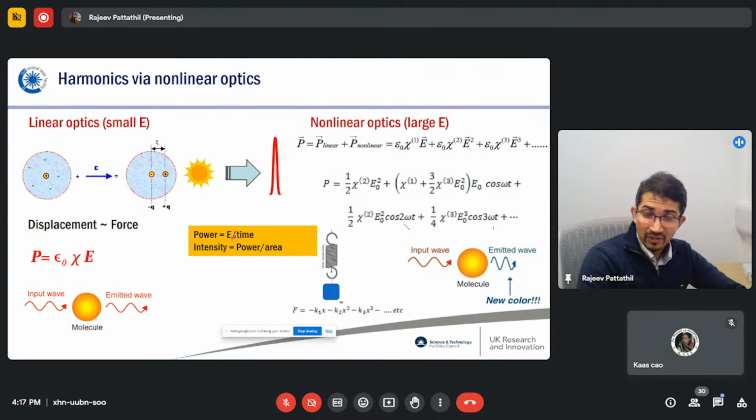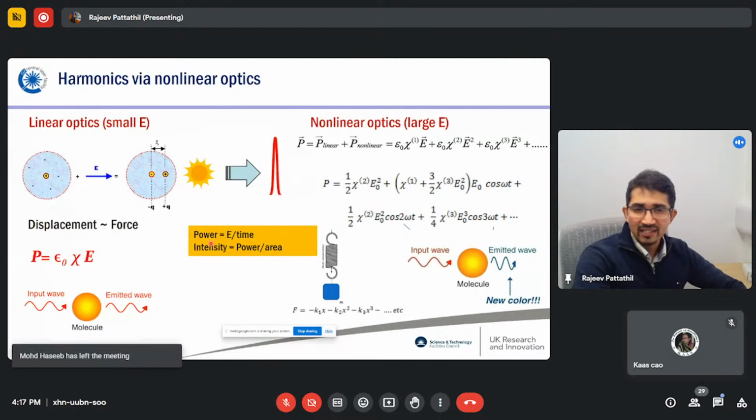Power per unit area is intensity, and the electric field is essentially the square root of intensity. So you can reach much higher electric fields or intensities using pulsed lasers. This is another fundamental principle that you need to understand in order to get into nonlinear optics.